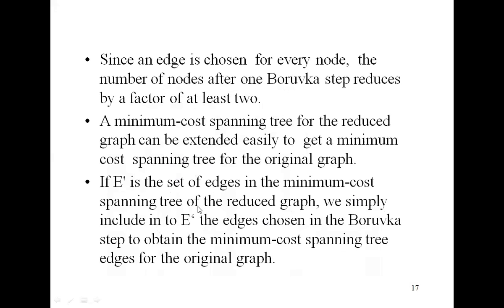Now we are including in E dash the edges chosen in the Boruvka step to obtain the minimum cost spanning tree edges for the original graph. So the graph is given, and we have applied the randomized algorithm and Boruvka steps, and we have reduced the number of nodes and the number of sampled edges.